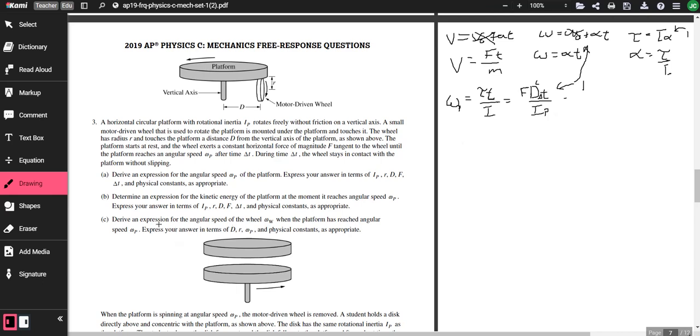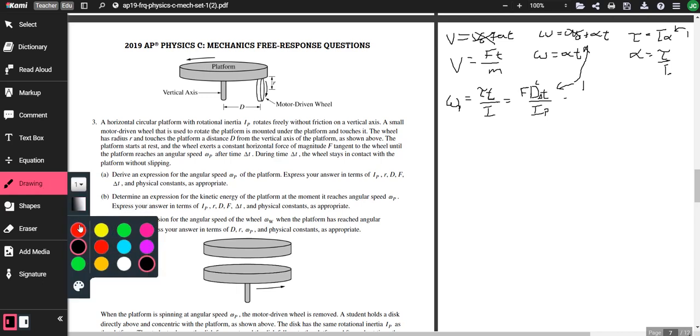Okay, so the next part, part B, says determine an expression for the kinetic energy when it reaches the speed. Honestly, I think the easiest approach is going to be using rotational speed.